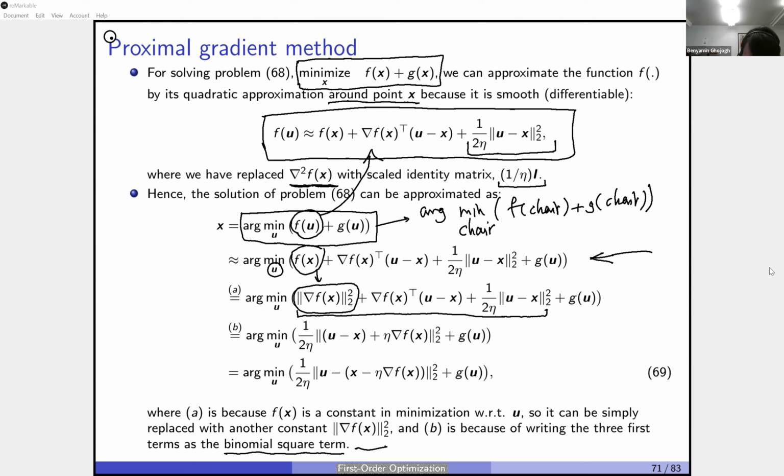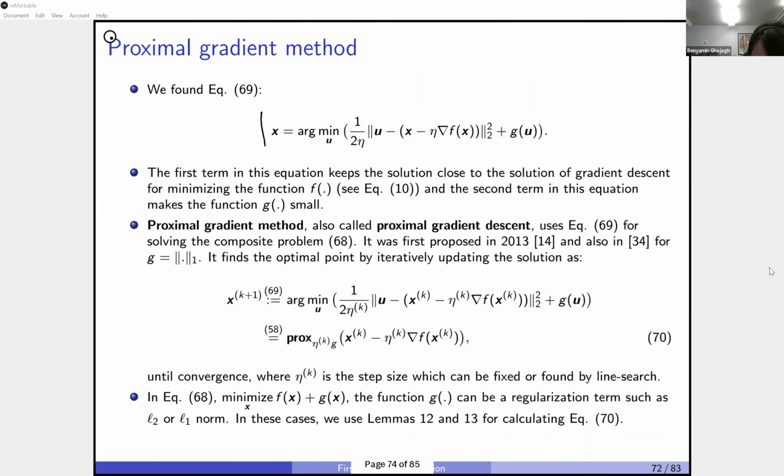What is the binomial squared term? a plus b squared is a squared plus b squared plus 2ab. So I can write this as this, and as it is a vector, we have the L2 norm squared. Then I rearrange the inside of the L2 norm to this, and I will have this. We proved this in the previous slide.